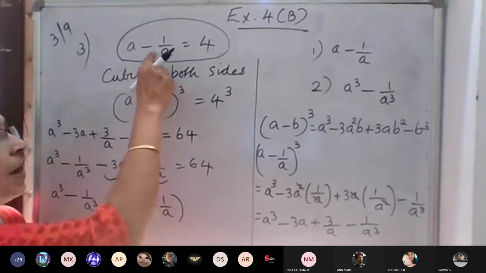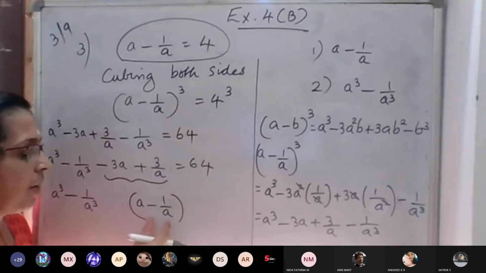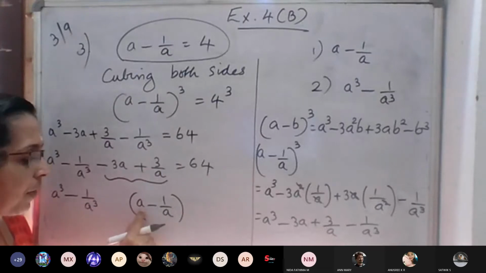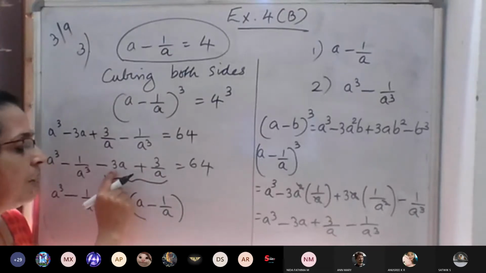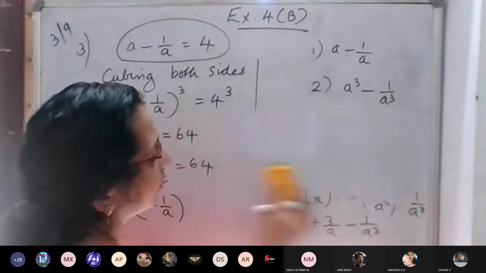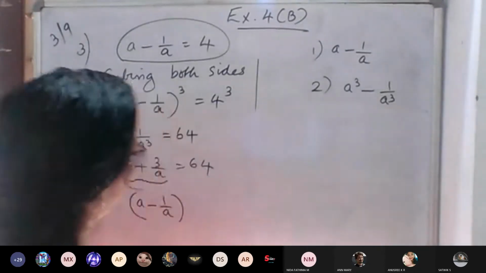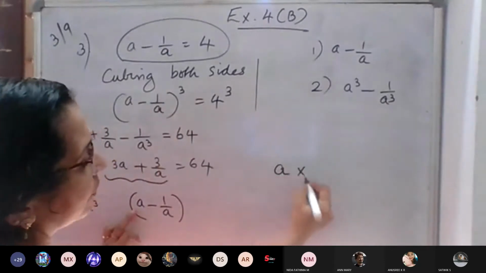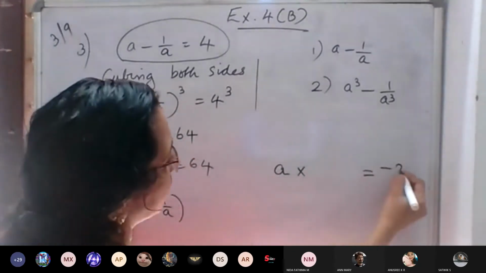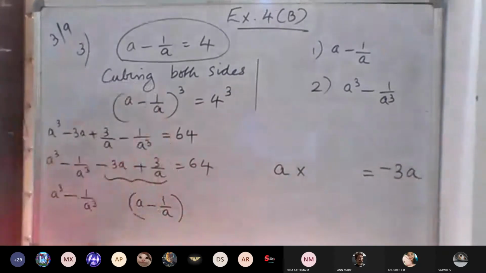In this we have A, and we want to get negative 3A. So how can we make it into 3A? What number should be multiplied? We have A, and we should multiply with some number to get 3A.